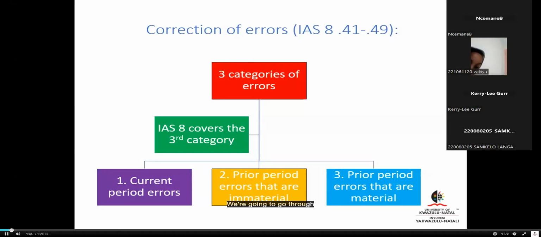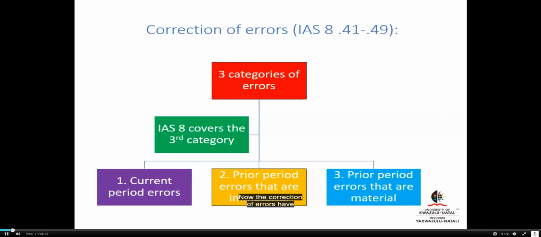And so we're going to go through the correction of errors. Now, the correction of errors has three categories that we're going to explain today. The first category is what happens where you have errors that have occurred in the current period. The second category is what happens when you have a prior year period error, but that error is immaterial.